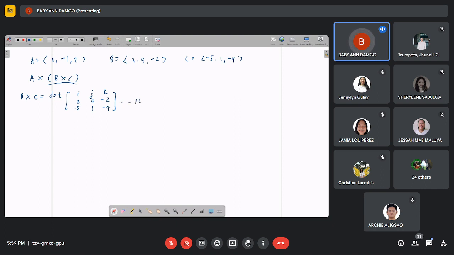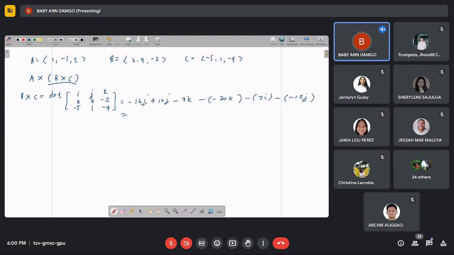So this is equal to negative 16i, and then we have plus 10j, then minus 3k, then minus negative 20k, and then minus negative 2i, minus negative 12j.